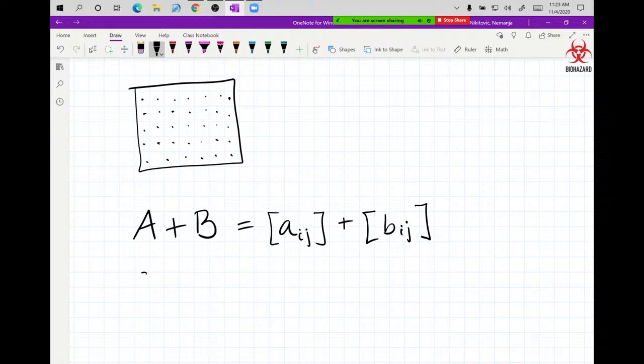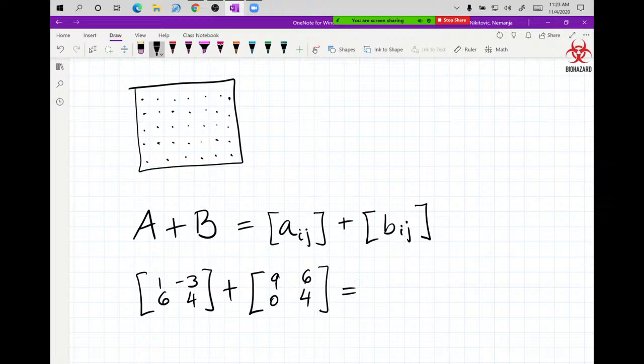Now, this very simple idea over here: 1, -3, 6, and 4, plus 9, 6, 0, and whatever, 4 again. So when matrix A has a position of A1,1, that's a 1 plus 9. So 1 plus 9, -3 plus 6, 6 plus 0, and 4 plus 4 in a matrix.